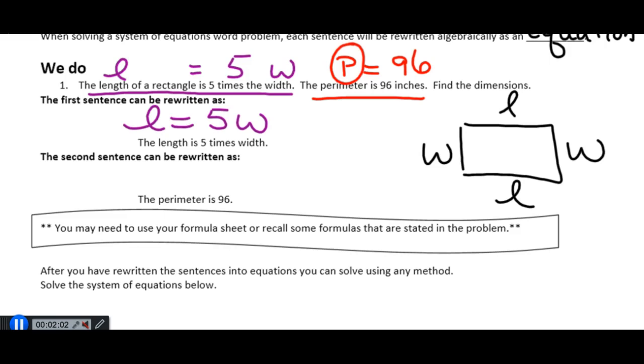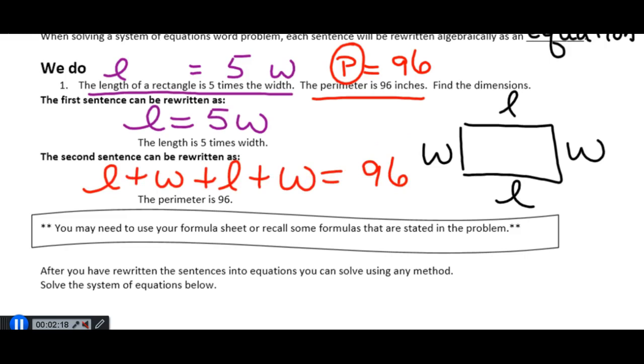So my equation here, instead of putting P, I'm going to put how I would find P. I would take length plus width plus length plus width. And that equals 96. Now you can clean that up a little bit since we have 2 lengths and 2 widths, so we could simplify that equation to be 2L plus 2W equals 96. And this is actually the formula for perimeter that you would see on your formula sheet.